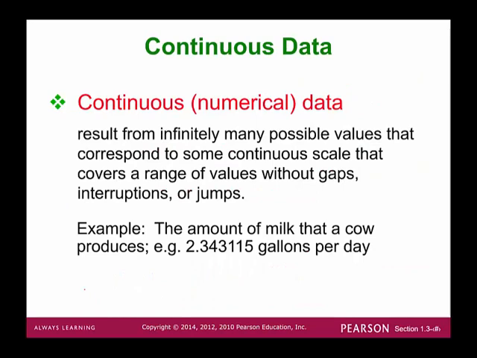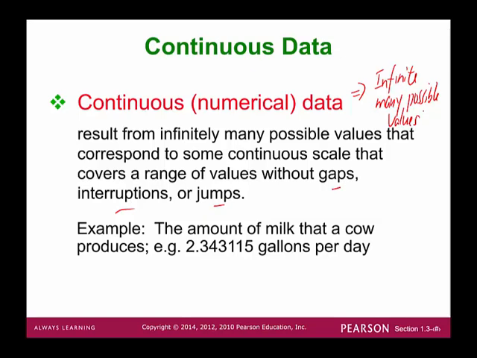And continuous data results from infinitely many possible values that correspond to some continuous scale that covers a range of values without gaps, interruptions, or jumps. Typically continuous data has infinitely many possible values. Very important, all the values in a given interval are possible.